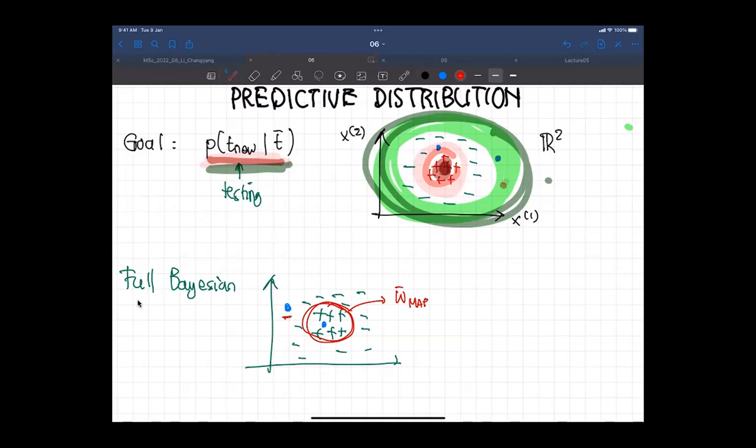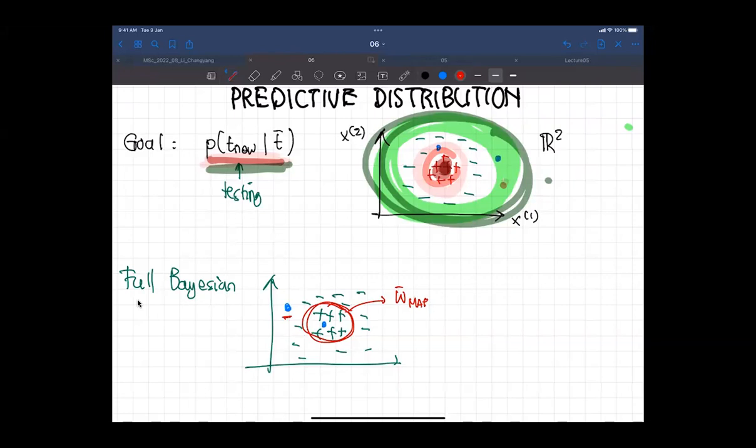But if it is at the boundary there, it becomes green, meaning the probability of belonging to red or blue is very low. So using predictive distribution, we can have this probability value in the testing domain, in the testing space. Does it make sense? Any questions here? No question.